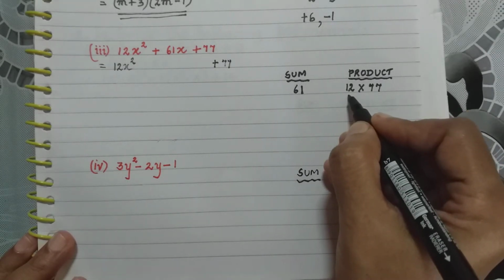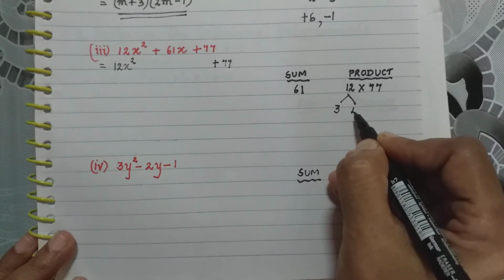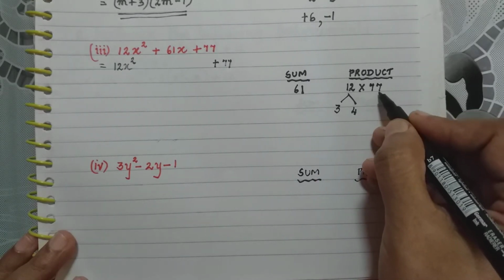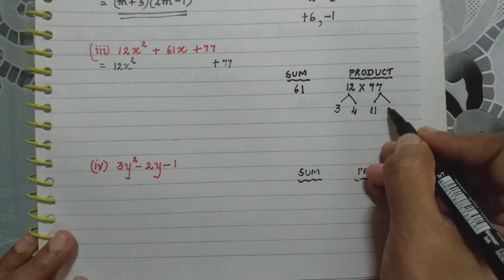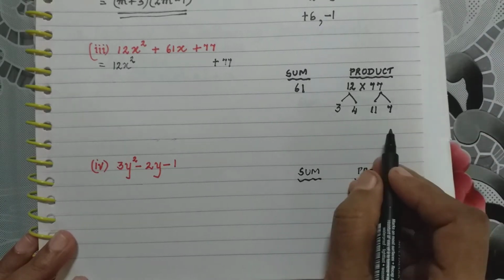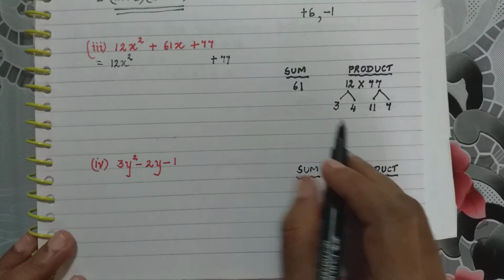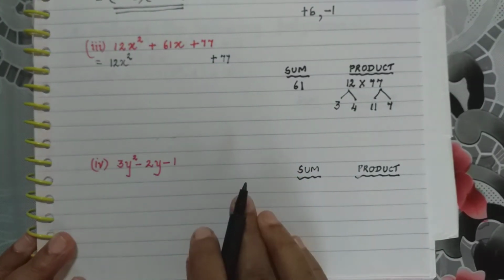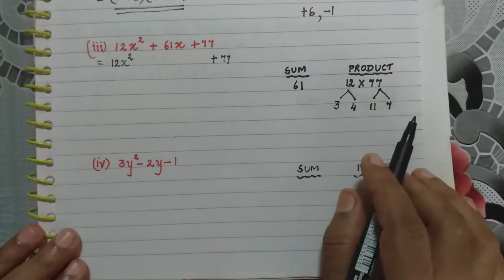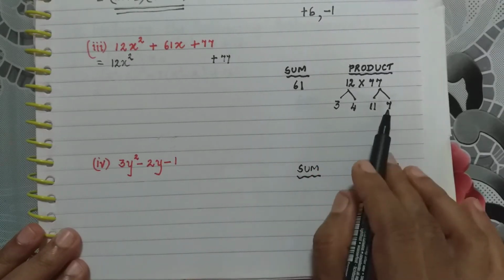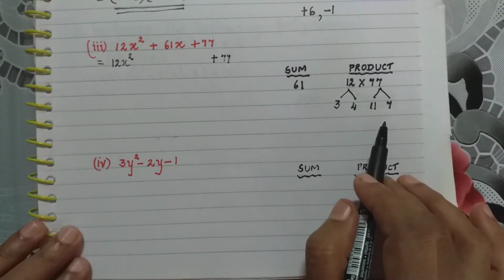I know that the factors of 12 are 3 and 4, and the factors of 77 are 11 into 7. So now with this I try to get my two numbers which will become plus 61x. Okay, now see here, we can multiply different numbers such that we get the product.